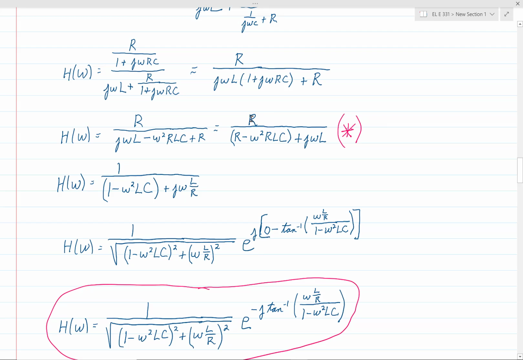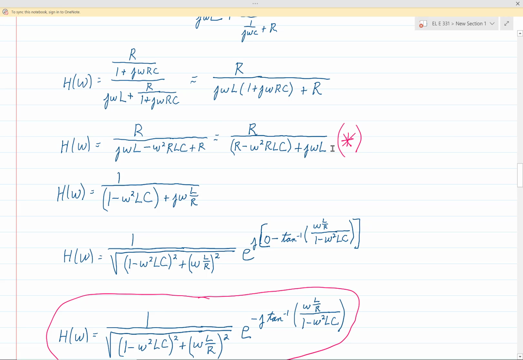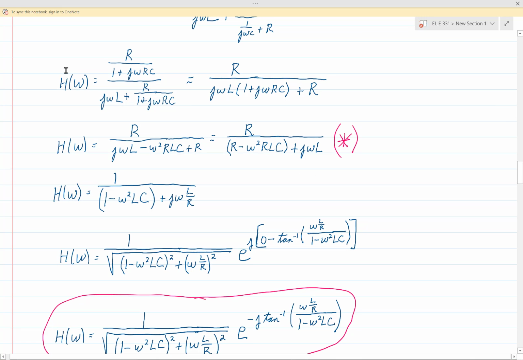The numerator is purely real. So this is one way we could write the transfer function for this problem. Now, I'm going to star this because I'm going to find this a convenient form to return to later, but I'm going to do a little more work here, and this is not.